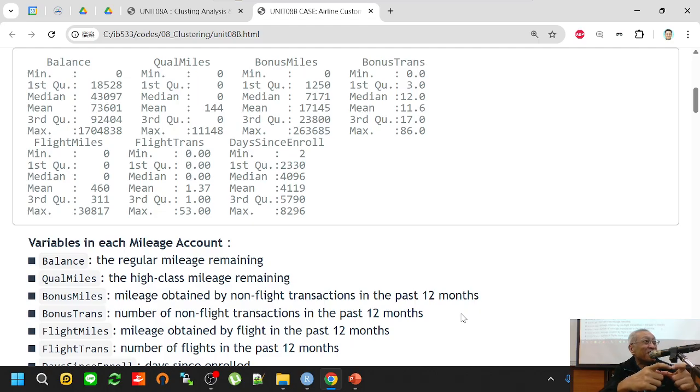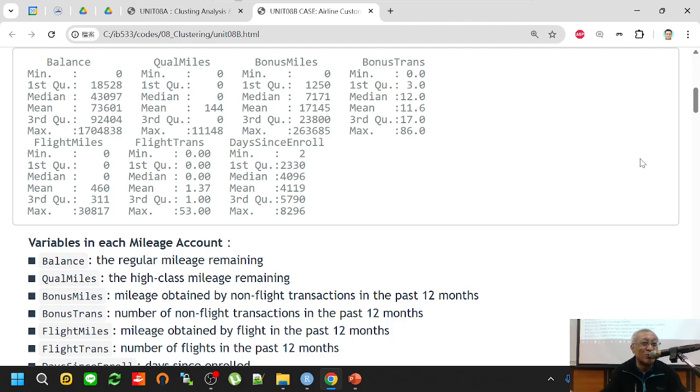They will give you a card, so you can accumulate your mileage, and you can use this mileage to upgrade or maybe exchange for some benefit, right? When you join the airline membership, you start to accumulate mileage, and you can use it to upgrade or something like that.